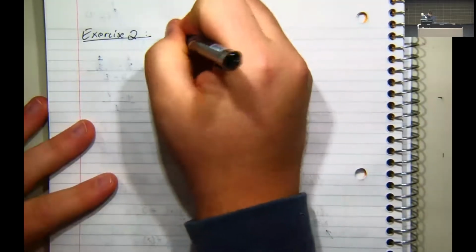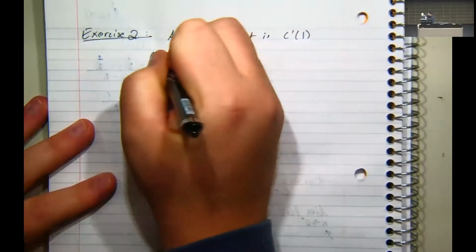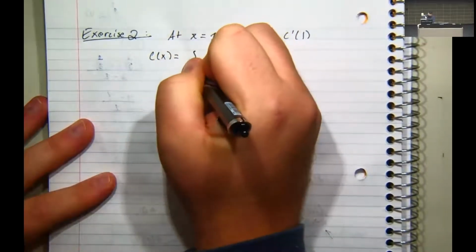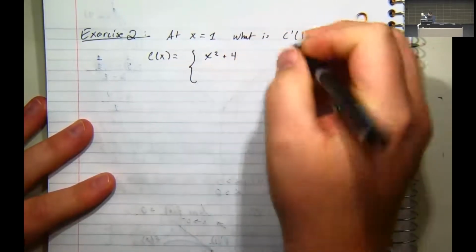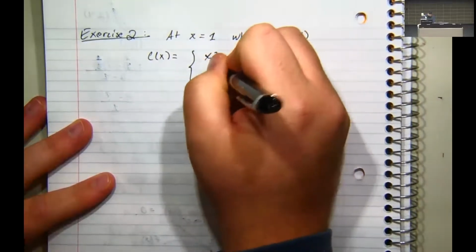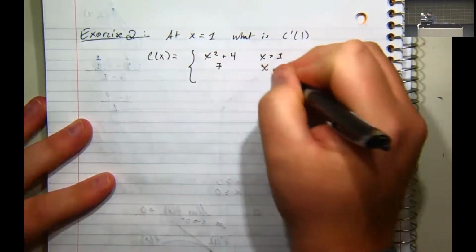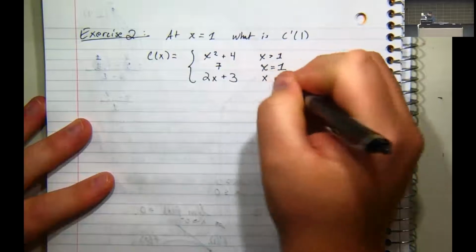Same thing, at x equals 1, what is c prime at 1? c of x is equal to x squared plus 4 when x is greater than 1, it is equal to 7 at x equals 1, and it is 2x plus 3 when x is less than 1.